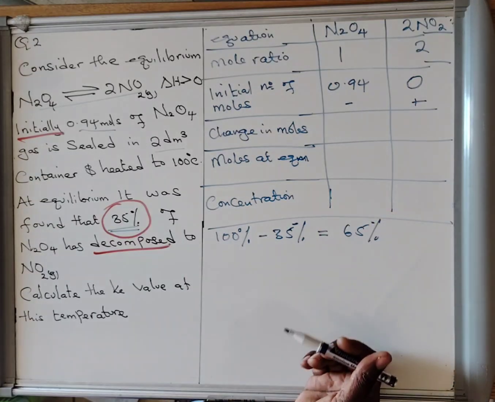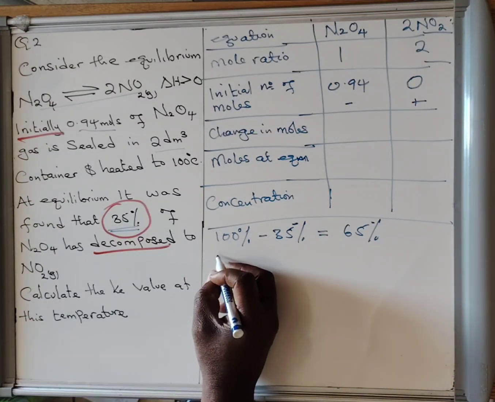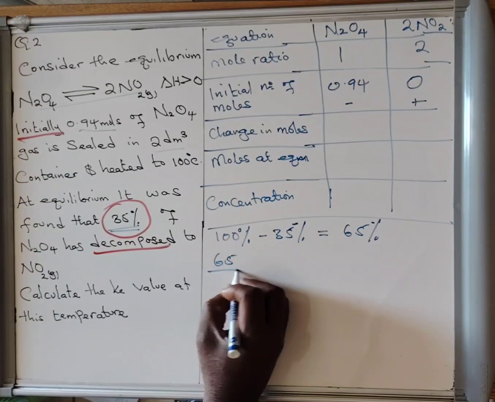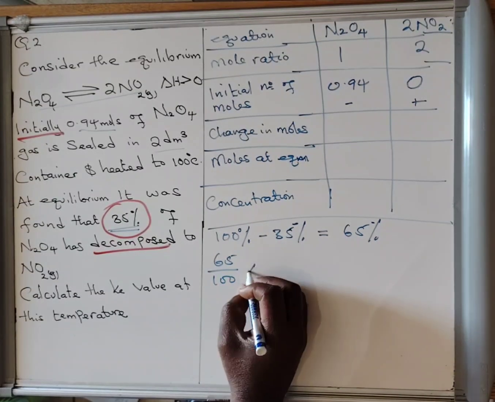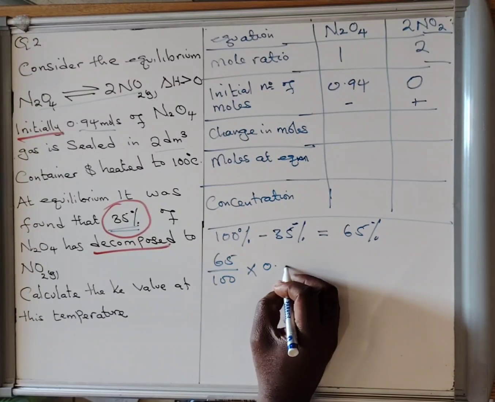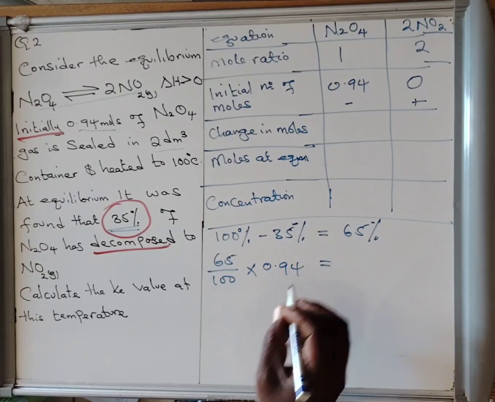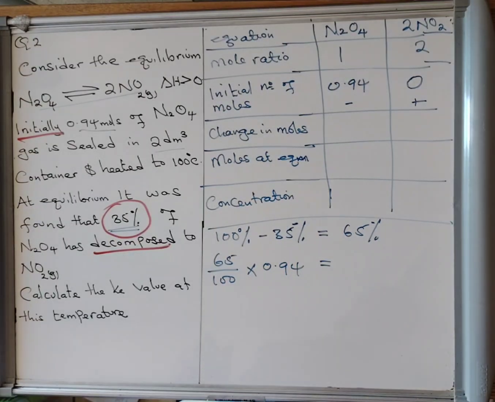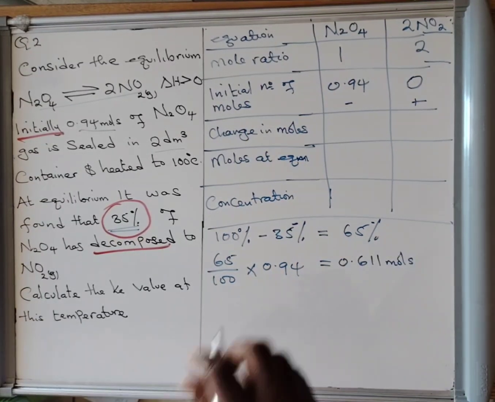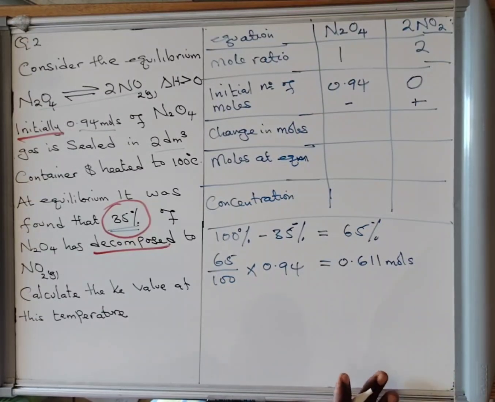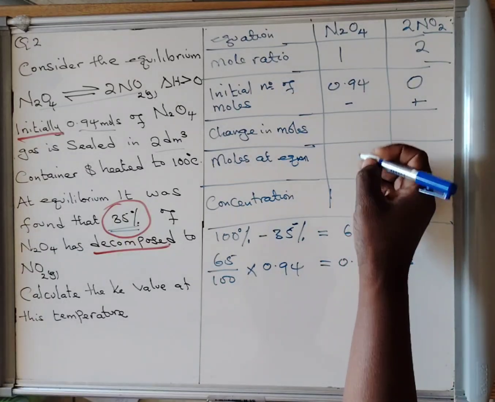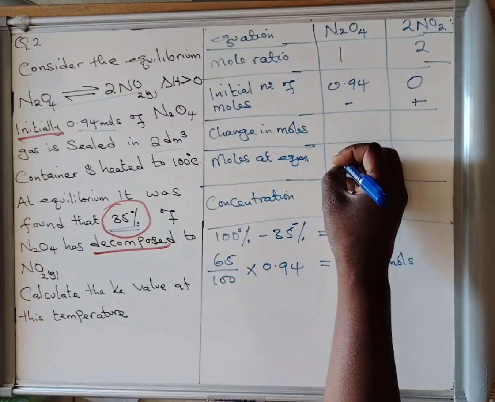So what do you do under this circumstance? You say 65% of the initial. What do we get? This is what we get. So this is what you get after computation. It is 0.611 moles. So these are the number of moles at equilibrium. We put it here.